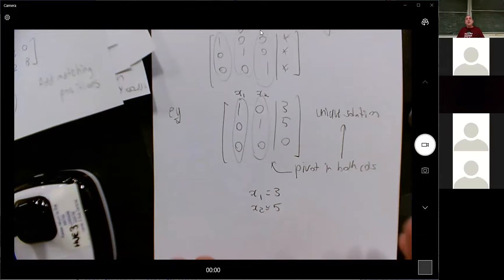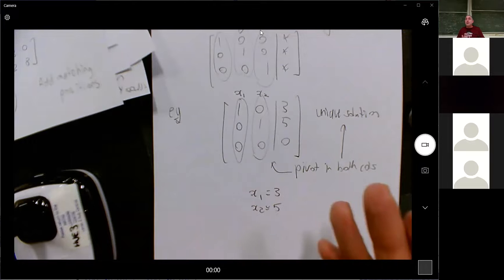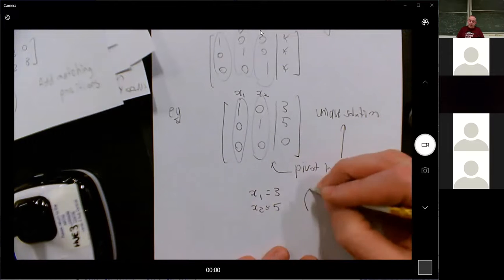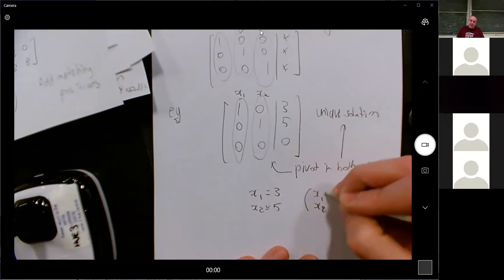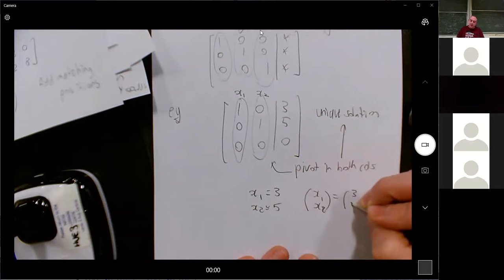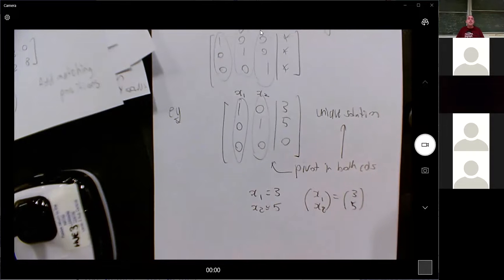And when we talk about solutions, we talk about them as a combination of the x's. So there is only one combination of x1 and x2 together which answers these equations at the same time. So we can talk about it as the vector 3, 5, if we want.